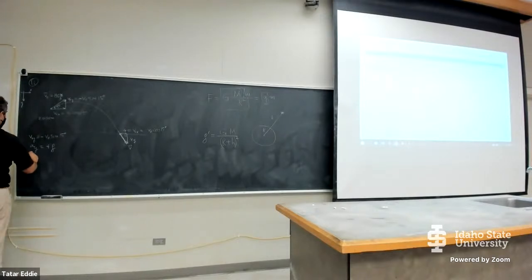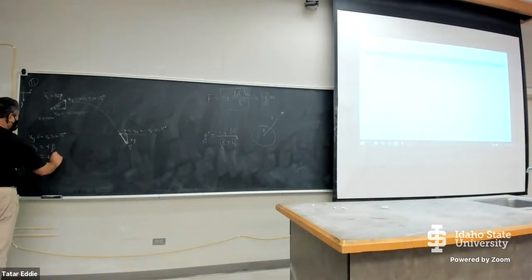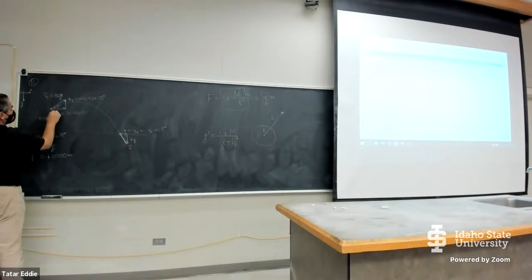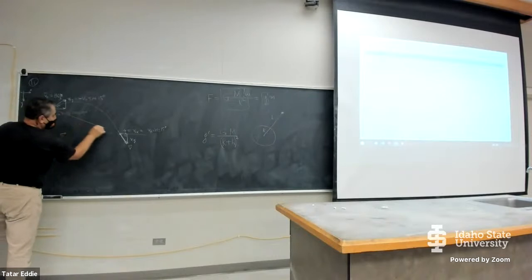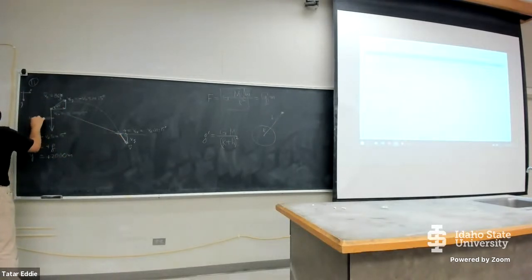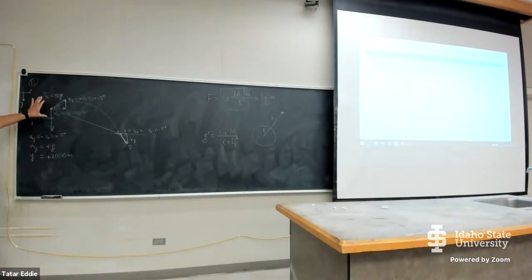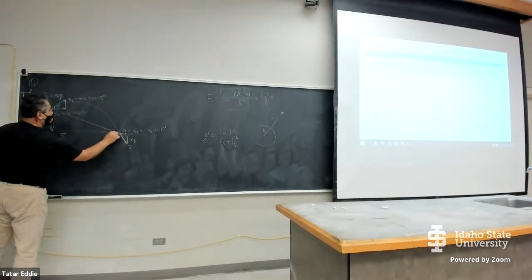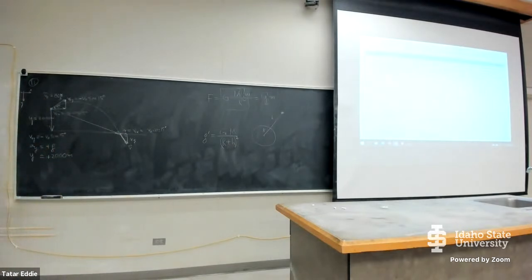And I know that the vertical component of displacement is positive 2,000 meters, right? Because the displacement vector has y component of 2,000 positive, and it has some x component that nobody cares about in this problem. But for the y component of the motion, I have my three numbers, and I can determine everything.